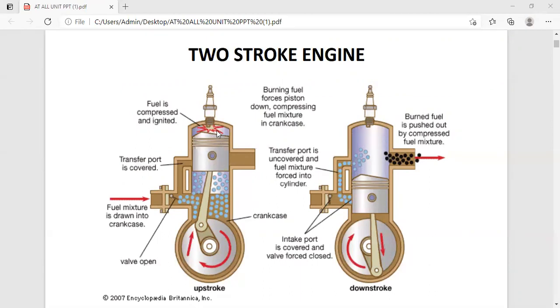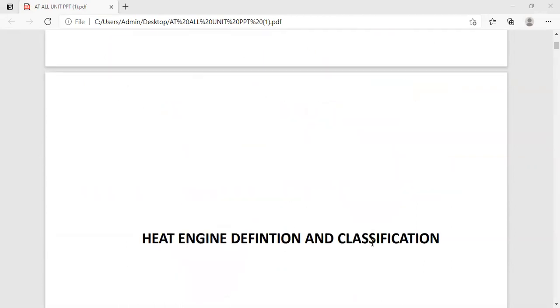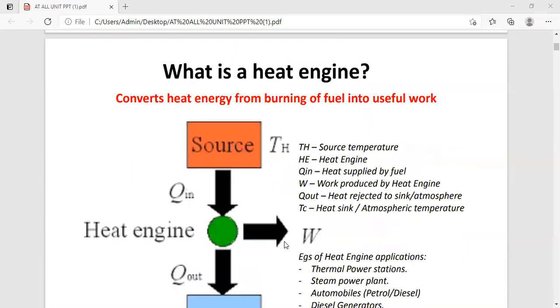So the thermal energy is converted into mechanical energy, and as the rotation takes place, our vehicle runs on the road. So a heat engine is a device which transforms the chemical energy of fuel into thermal energy and uses this energy to produce mechanical work.